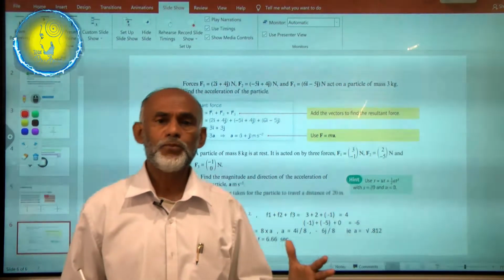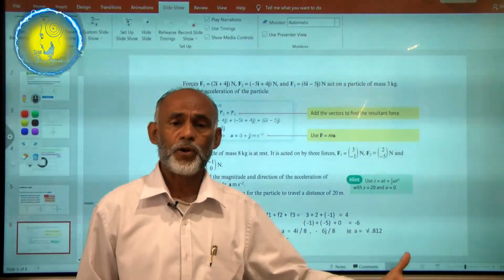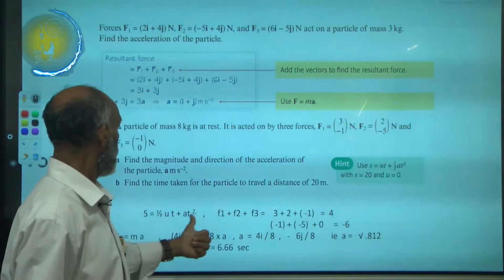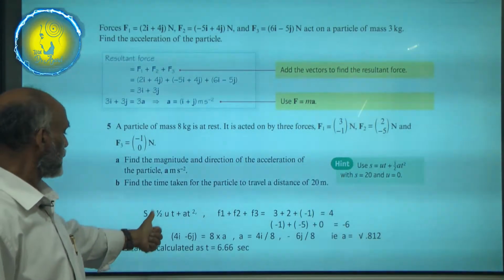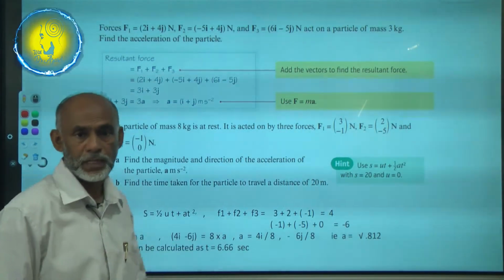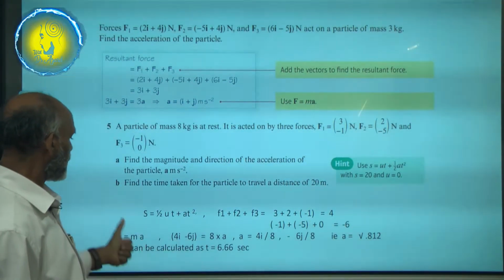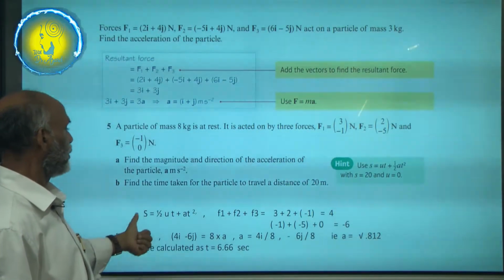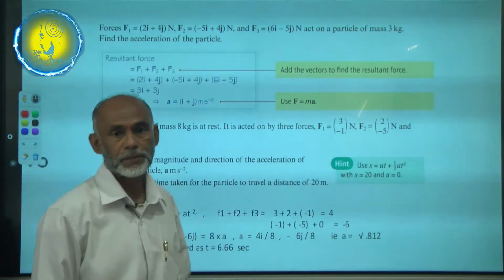When the particle doesn't move, you can apply the first law, also when the velocity is constant. Yes students, now we can apply the S equal to ut plus half at squared formula to calculate the time, because we know the acceleration and we know the distance is 20 meters.